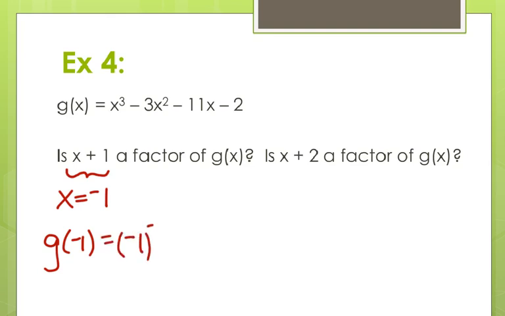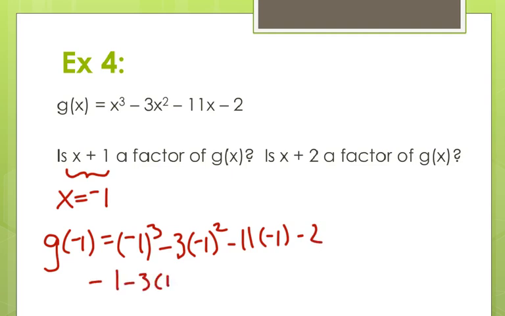Negative 1 to the third power minus 3 times negative 1 squared minus 11 times negative 1 minus 2. Negative 1 minus 3 times 1 plus 11 minus 2. So that's negative 4 plus 11, which is 7 minus 2.